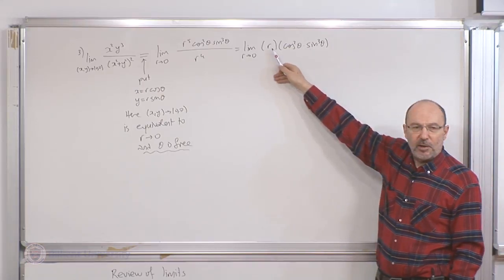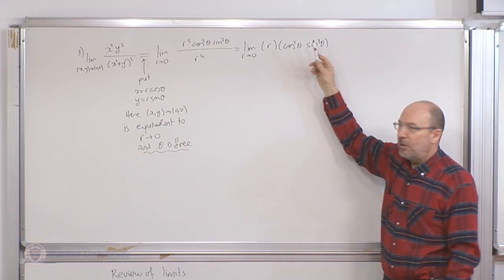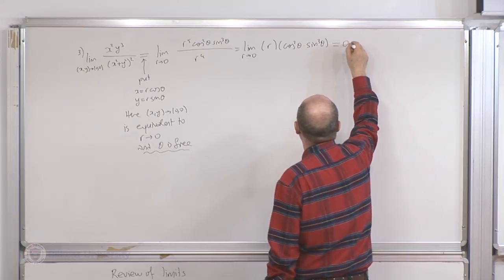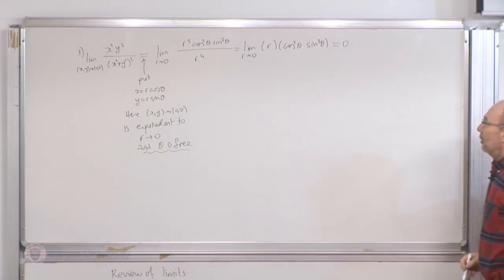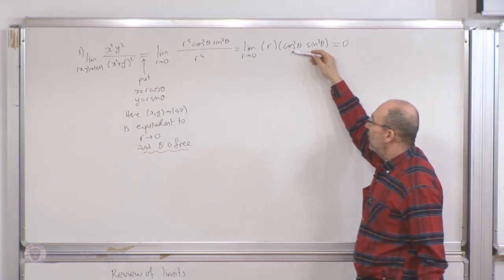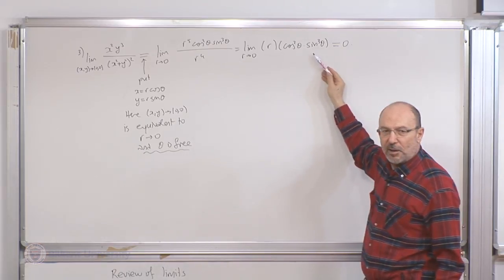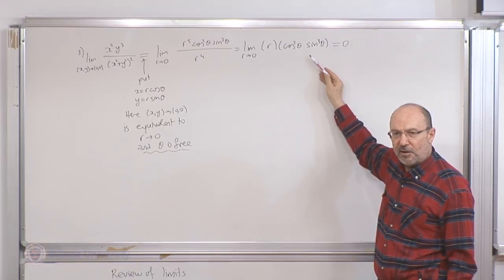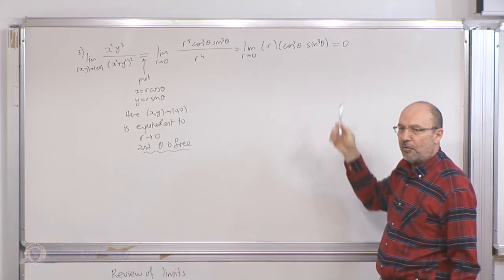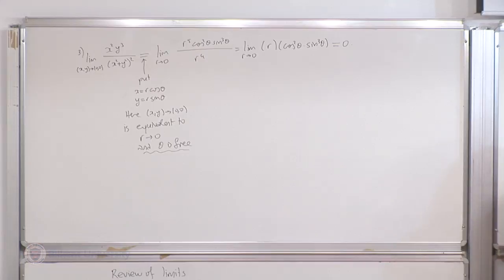You multiply it with r, that goes to 0, so the answer is 0. But sometimes we don't cancel thetas here. If this thing is divided by some cosine theta, sine theta stuff, you should be very careful, because for some funny behavior of theta, the limit may not exist. You should be able to catch it.